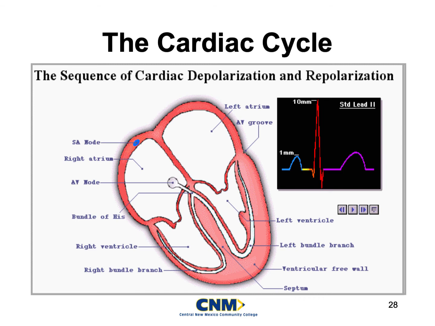From there, it goes down into what's called the bundle of His. Okay, so the signal goes from the AV node down to the bundle of His, and then you guys can see on this slide the right and left bundle branches. The right and left bundle branches start to depolarize.